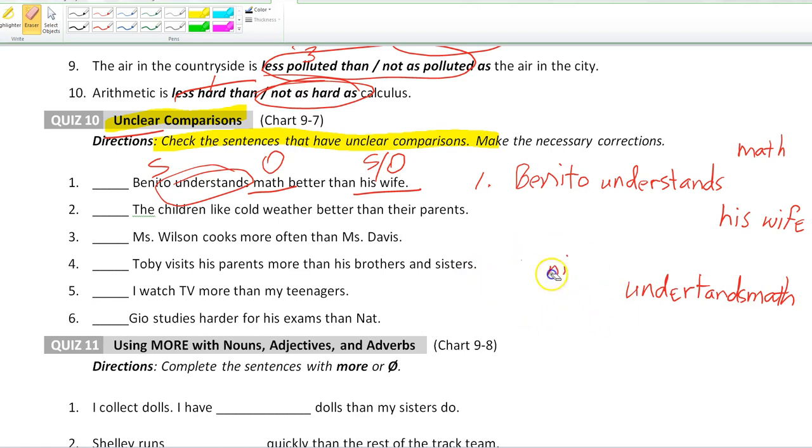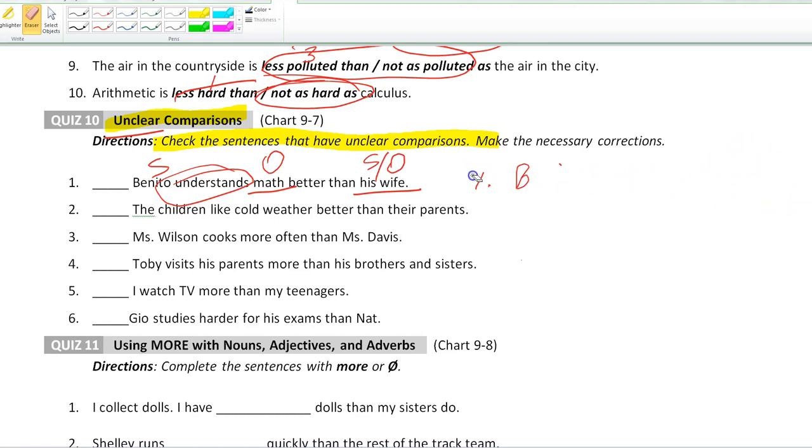Let me erase this. Sorry about that. Okay, and so what do we want here? We want this not to be an object. We want it to only be a subject. And the way that we fix that, to make sure that it's only a subject, we put an aux or modal here.